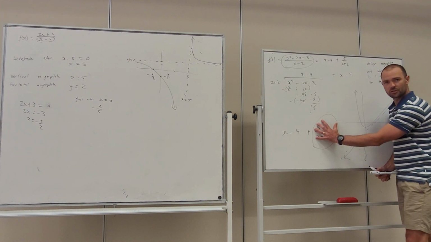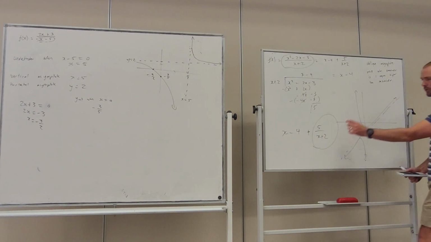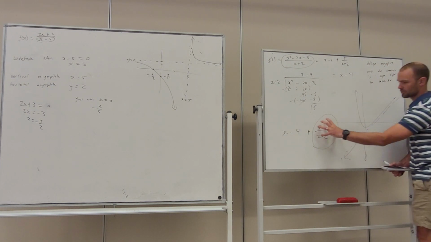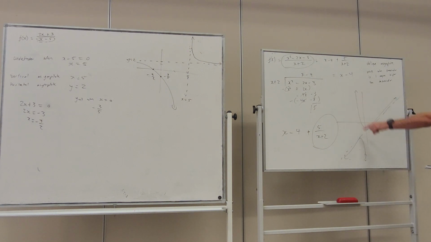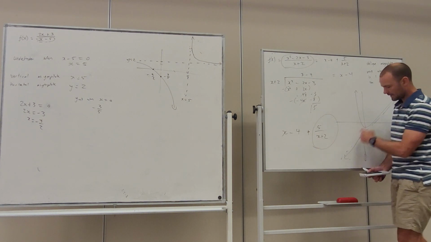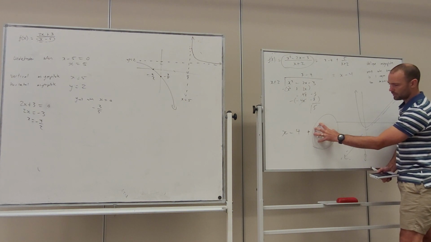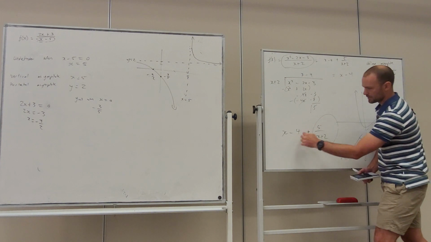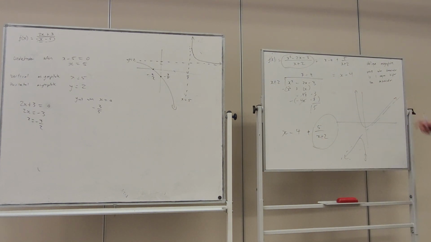This part is approaching 0, which means the equation of the line is approaching x take 4, but from the positive direction, because this is 0 from the positive direction. And then the same in the negative direction. As x approaches negative infinity, this component approaches 0 from the negative direction. So this is going to 0, so it's approaching x take 4 from below. That's the equation of an oblique asymptote.